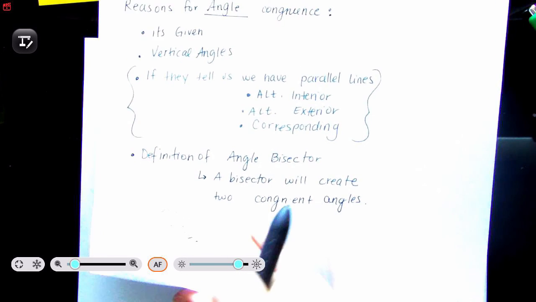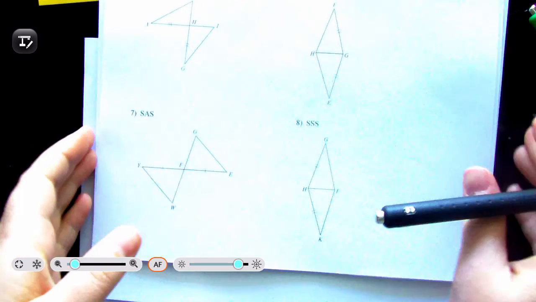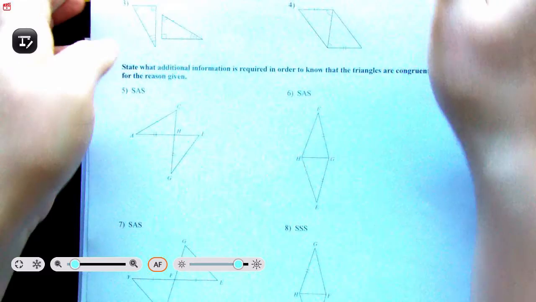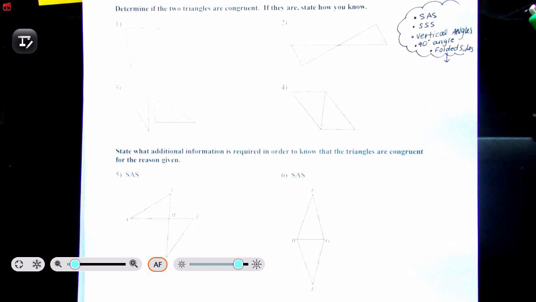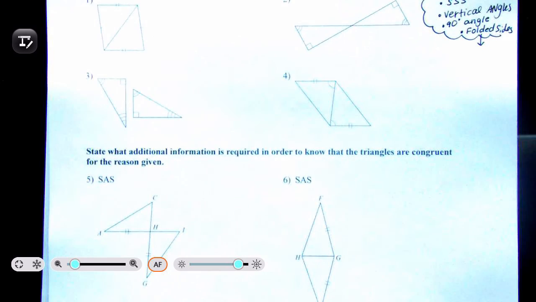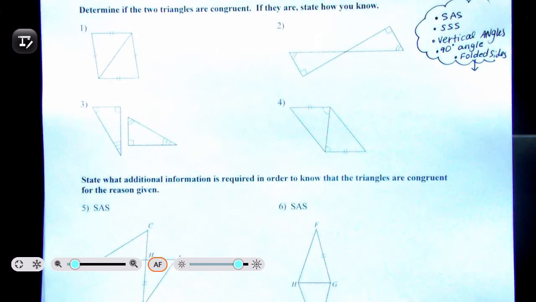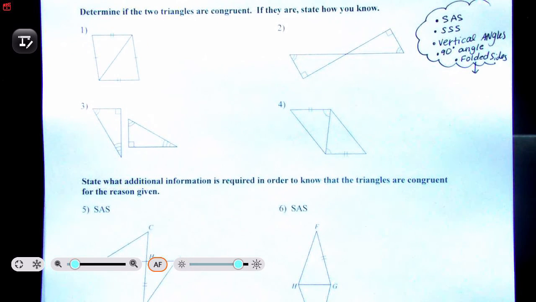Okay, now let's go back to example number 1. Okay, so determine if two triangles are congruent.